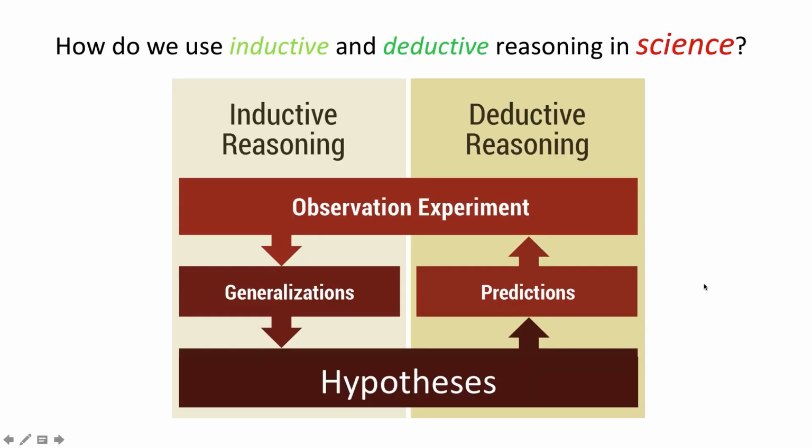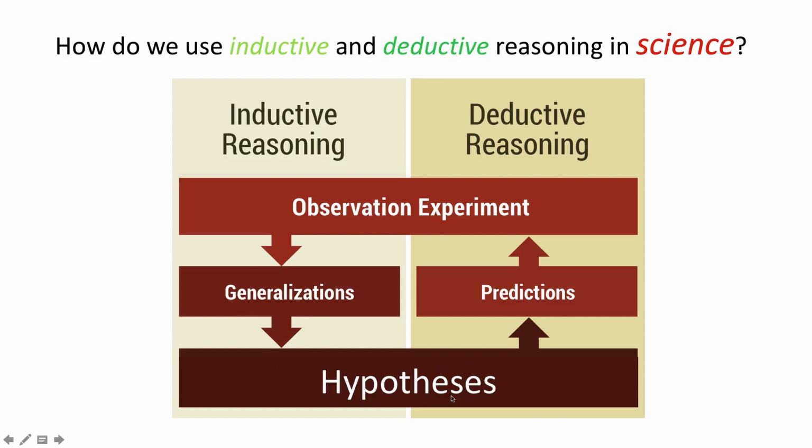How do we use deductive and inductive reasoning in science? We can think of it as a cyclical process. It works reciprocally. Using inductive reasoning, you build observable measurements through general observations that will allow you to build generalizations that can lead to a hypothesis.